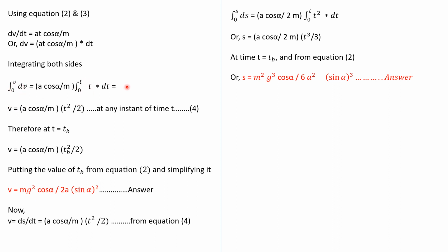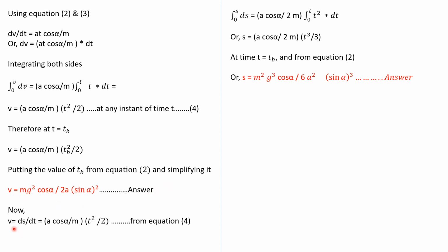After integrating, we got A cos alpha by m times t square by 2 at any instant of time t. Now we are interested in knowing the velocity when t was t_B. So in place of t, we write t_B. Put the value of t_B from equation 2, and we will get this. So this is one of your answers, part A.